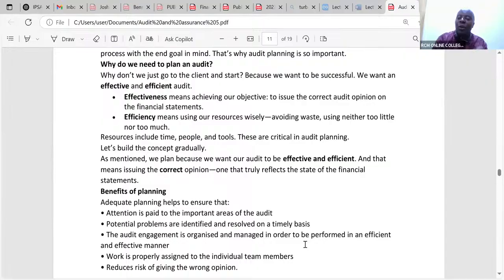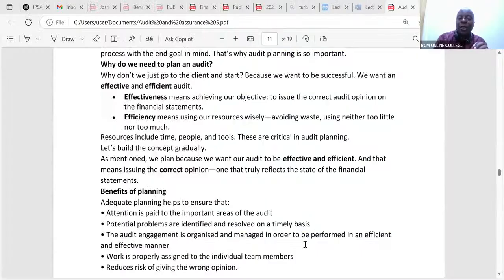Ladies and gentlemen, assuming, like I'll be teaching you later on, that we shall be going for what we call risk-based audit, when we plan very well in advance, we shall be able, using analytical procedures, to ascertain which areas are risky, which areas are more risky, which would want our biggest attention. So basically, the first benefit of planning is that we shall be able to focus all our energies on those areas where we are needed most. Attention is paid to the important areas.